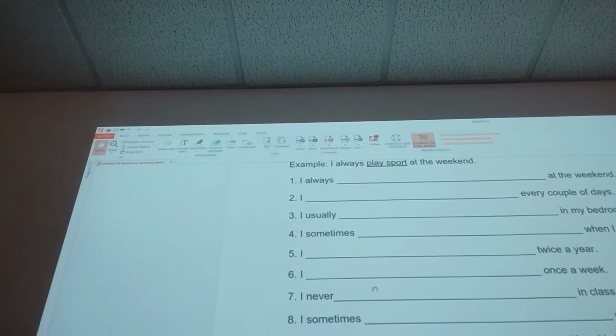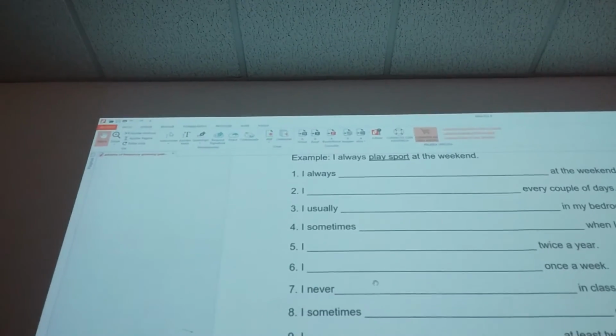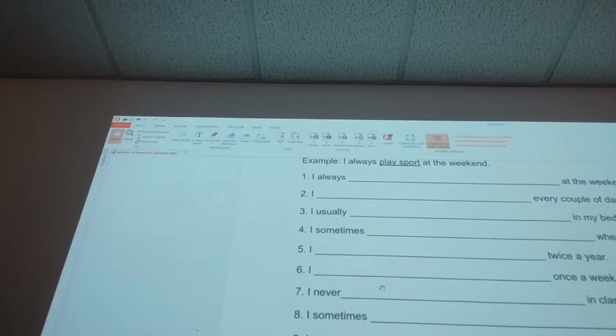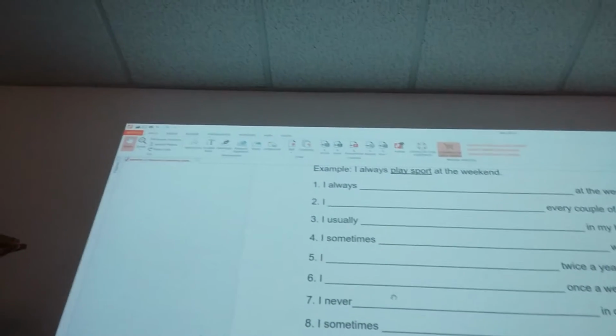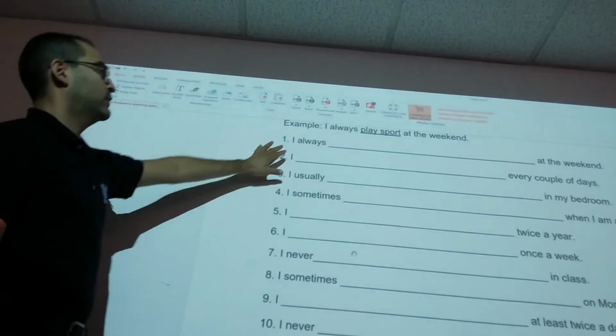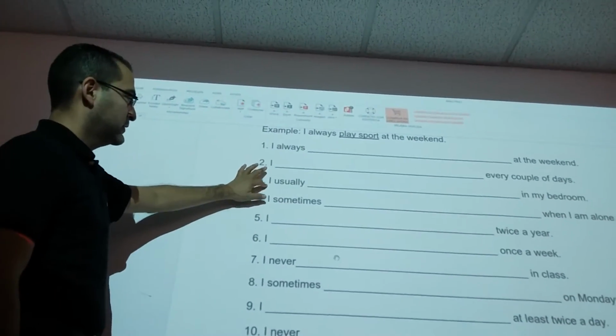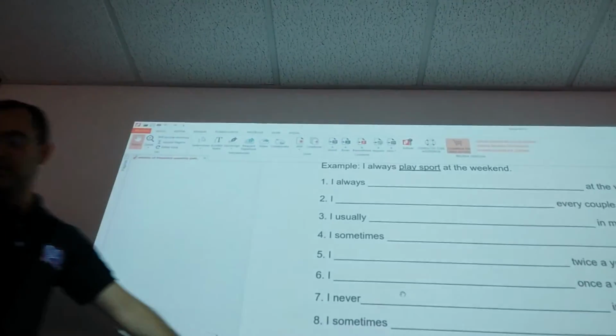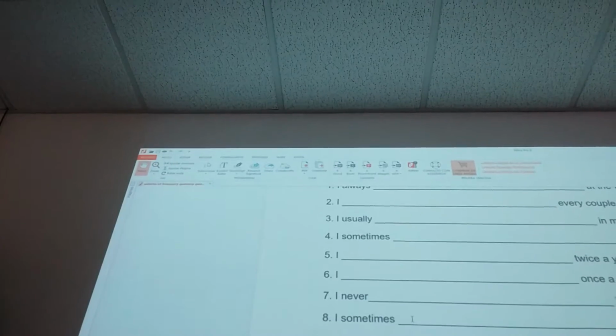The verb, right? Only the verb. In these sentences, we are using the simple present structure, and we are using frequency expressions and frequency adverbs, right? So, one more time, tell me, what are the frequency adverbs? Always, usually, sometimes, never, hardly ever, right?